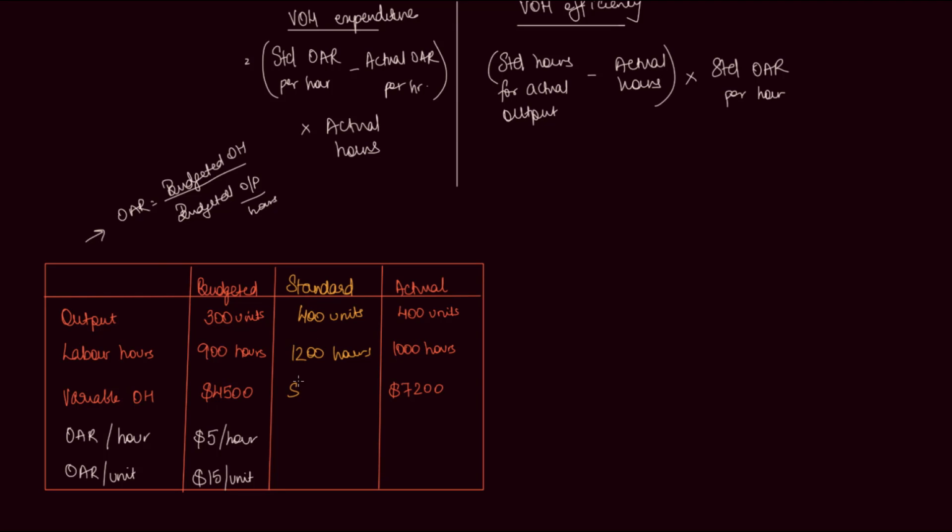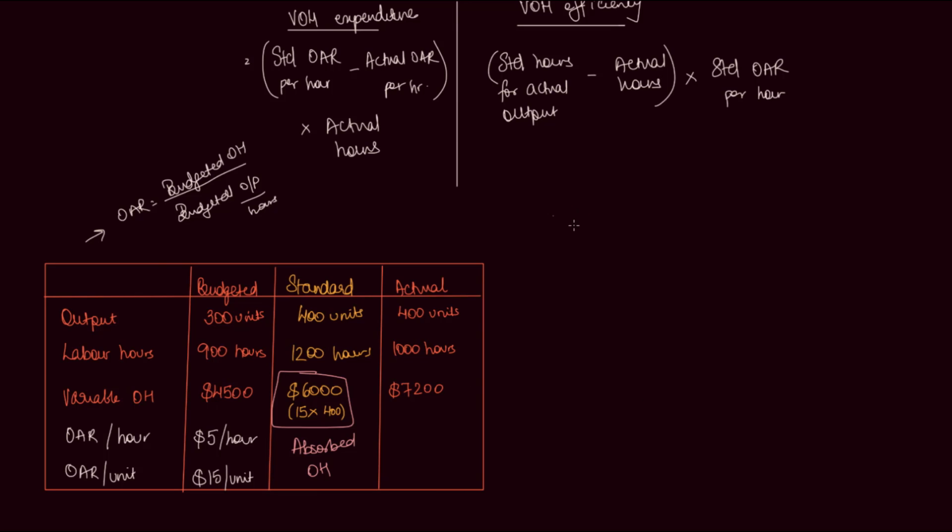So $6,000, which is $15 multiplied by 400 units. If you remember, I told you this standard overhead is nothing but absorbed overheads, because we multiplied the overhead absorption rate by the actual output produced. So you can call it either standard overheads or absorbed overheads.